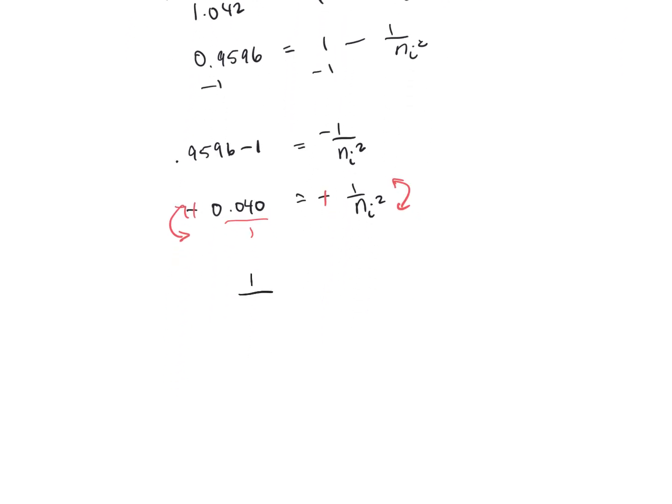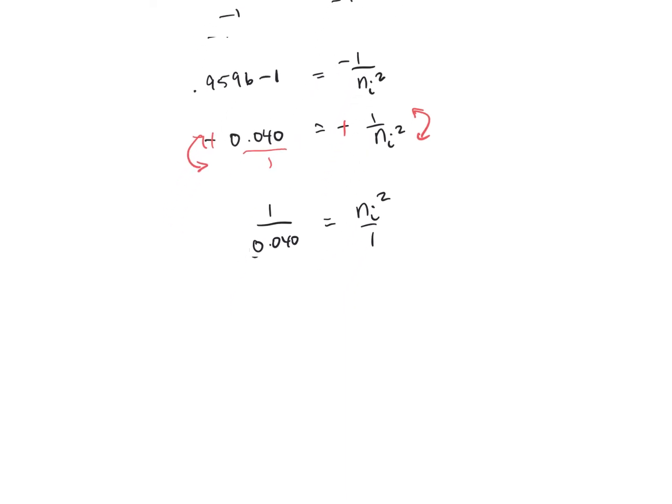So 1 divided by 0.040 would be equal to ni squared over 1, right? So then 1 divided by 0.04 is 25, which is equal to n initial squared.